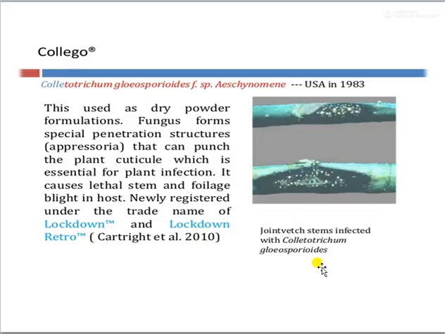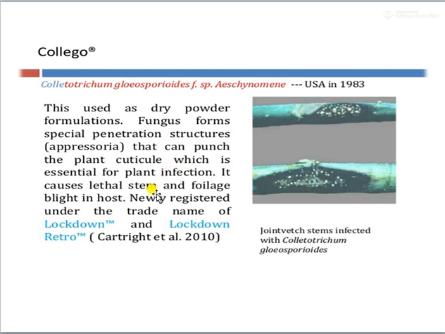You can see in detail Collego, that is Colletotrichum gloeosporioides, which was developed in the USA in 1983. This is used as a dry powder formulation. The fungus forms special penetration structures that punch through the plant cuticle, which is essential for plant infection.